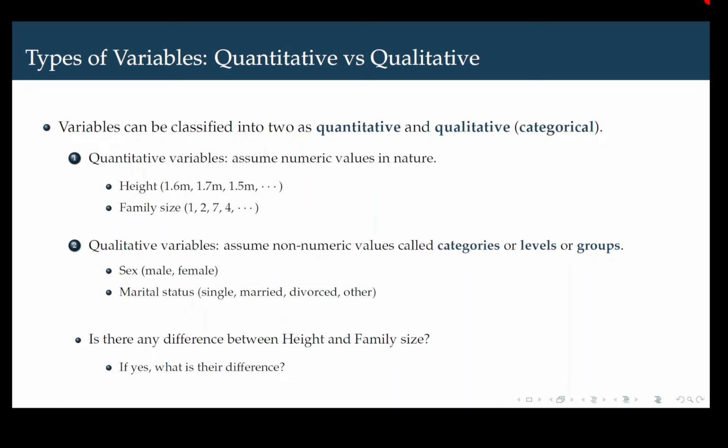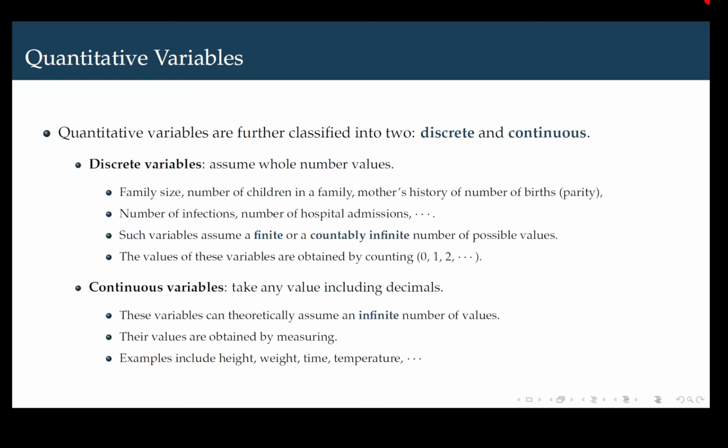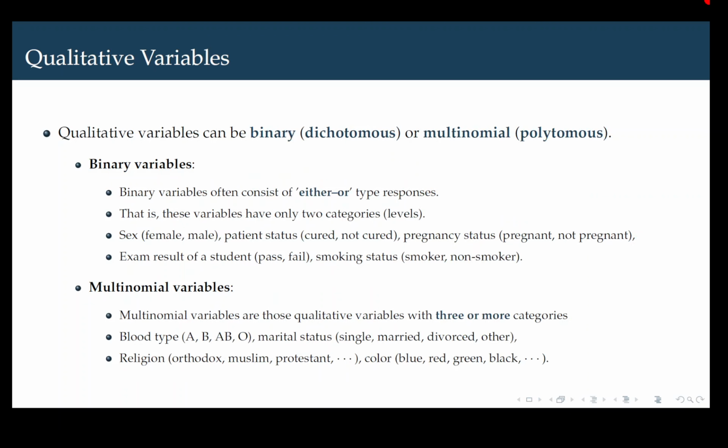Now, based on the number of values, a variable may assume only two values, like sex, which is called binary, or a qualitative variable may assume more than two categories, like marital status. Therefore, based on the number of values that qualitative variables assume, they may be classified into binary or dichotomous, and multinomial or polytomous.